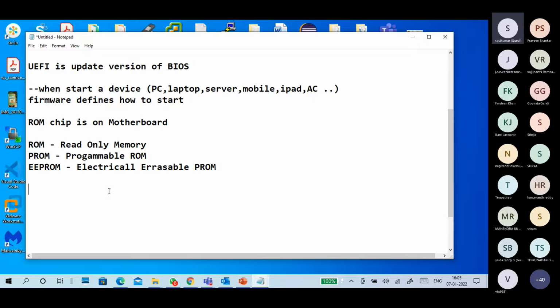What is the content of the BIOS? The content of this BIOS is details, simply said, information of the onboard motherboard, chipsets and everything.